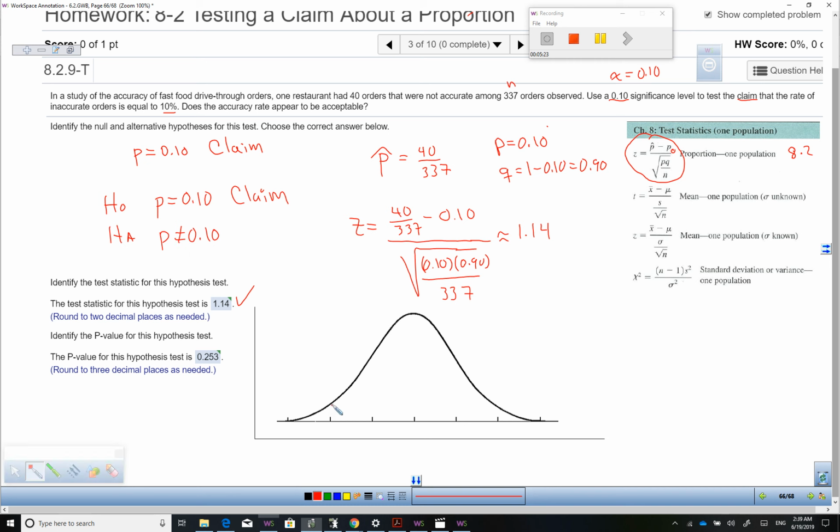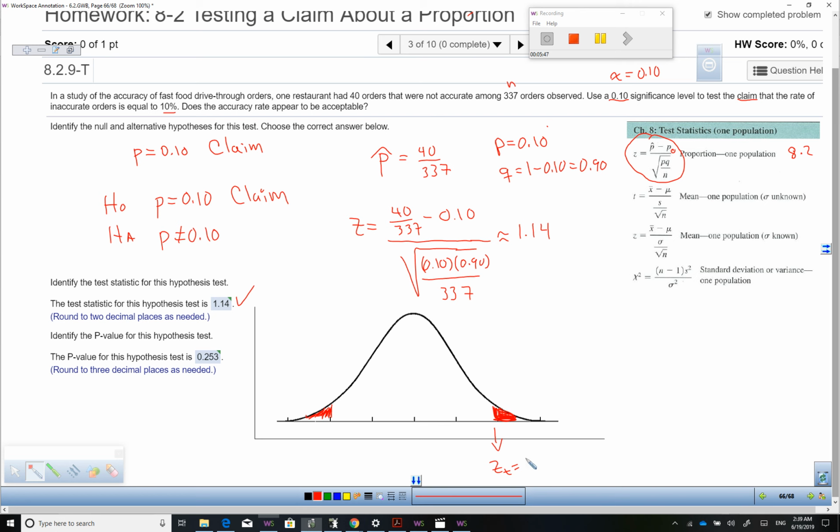So you have this tail on the left, this tail on the right, and the test statistic that we obtained right here. Let me write a little t in the subscript to identify that it is a test statistic.